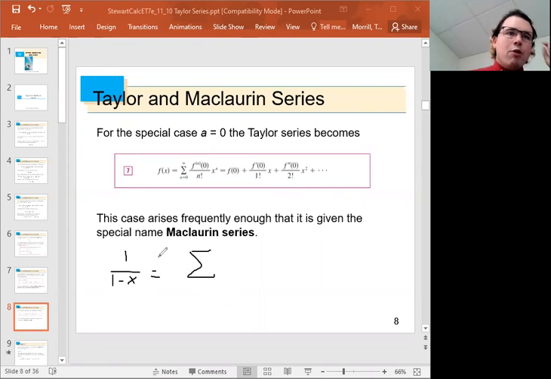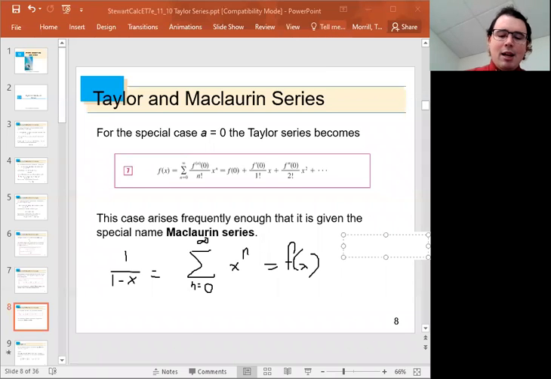So when I say that 1 over 1 minus x is equal to an infinite sum, n starts at 0 and goes to infinity, and what do I have here but x to the power n? This is telling me two different formulas for the very same function. And these will be equal to each other as long as the absolute value of x is less than 1.